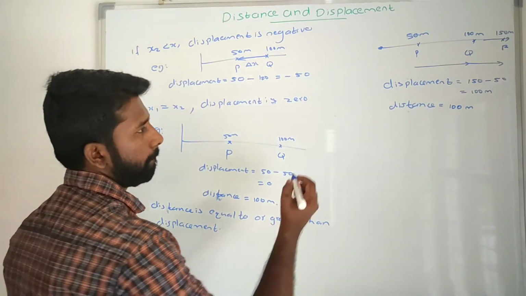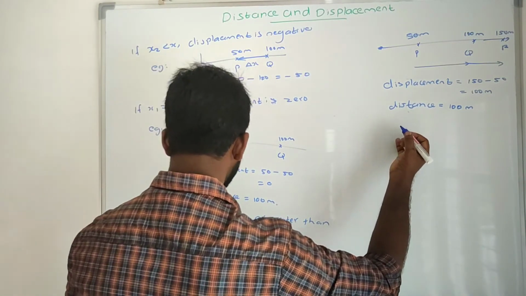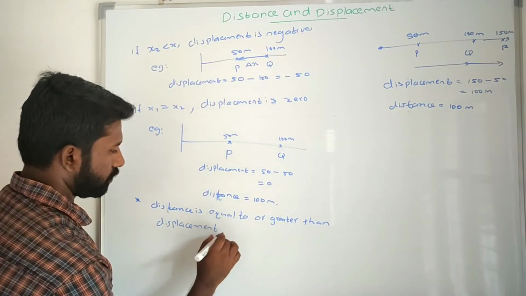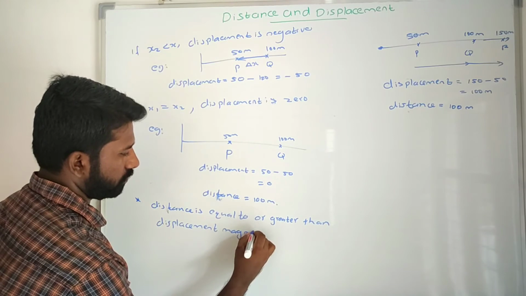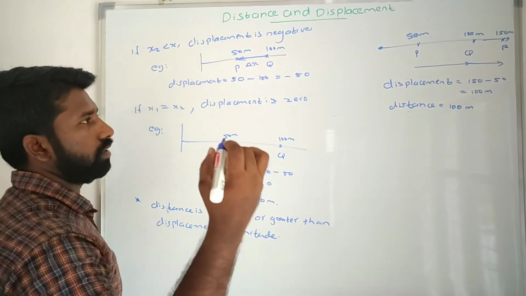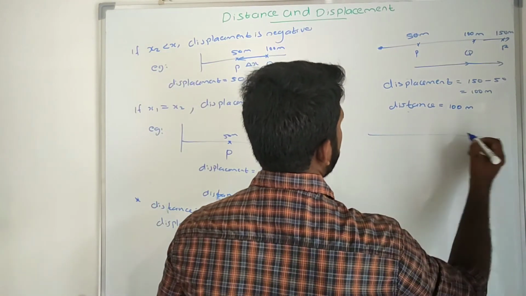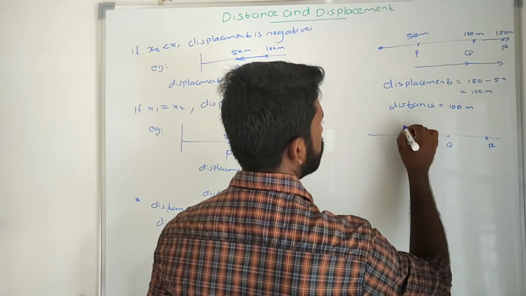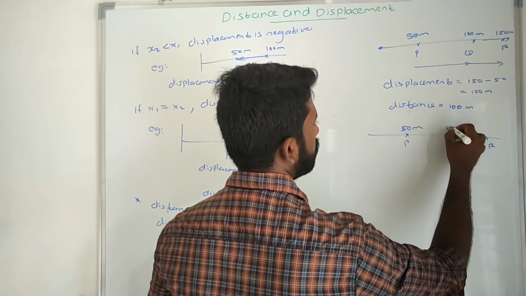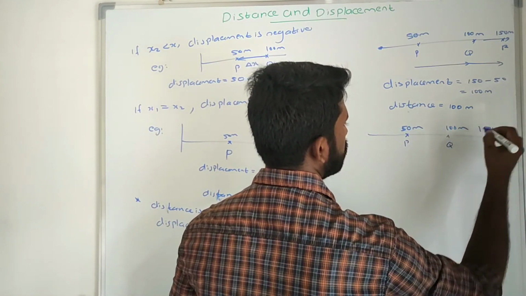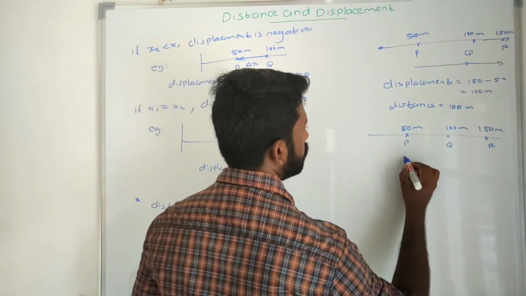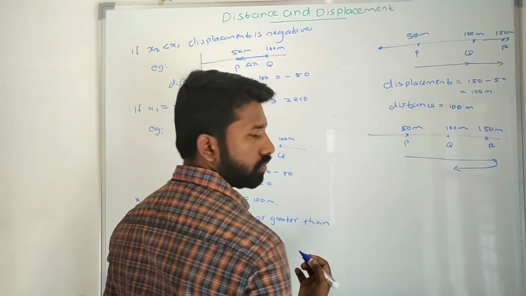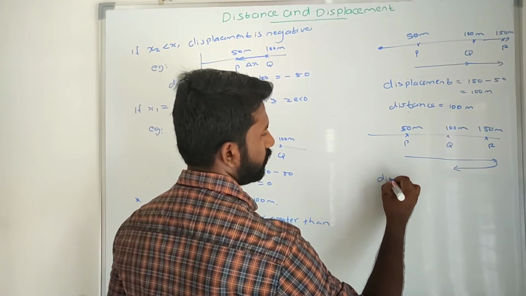Then the next case we will see. This is the example with P, Q and R: 50 meters, 100 meters and 150 meters. Initially it went to R, then came back to Q. So what is the displacement here?